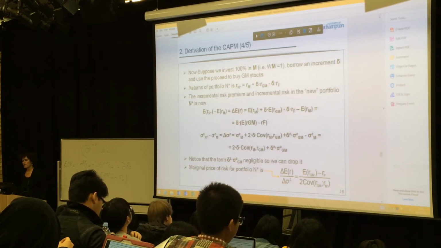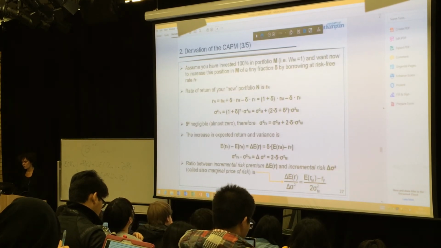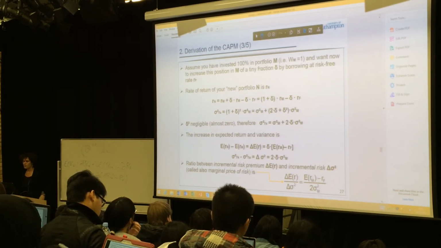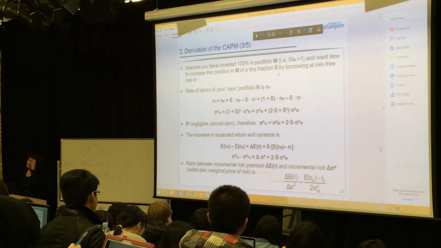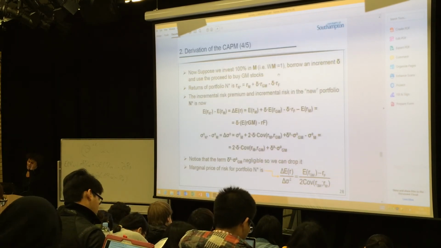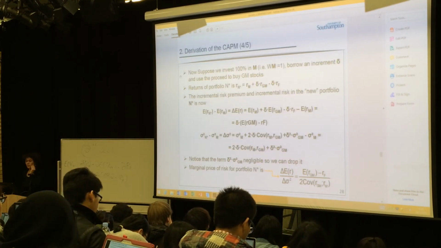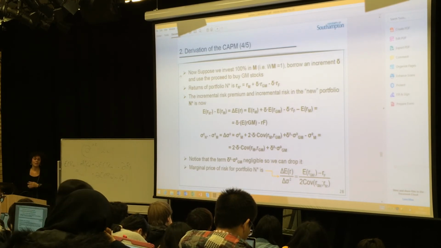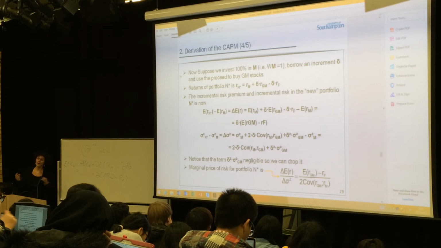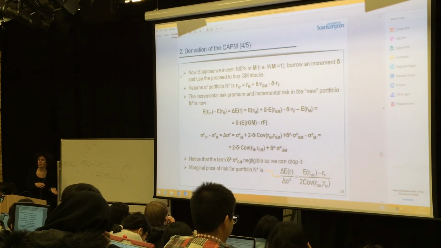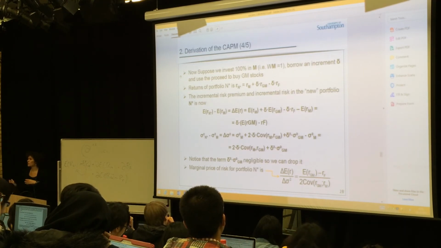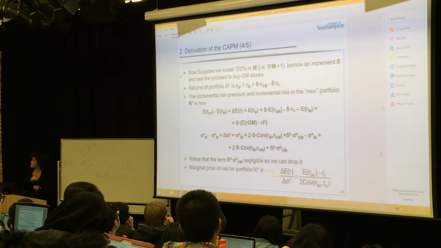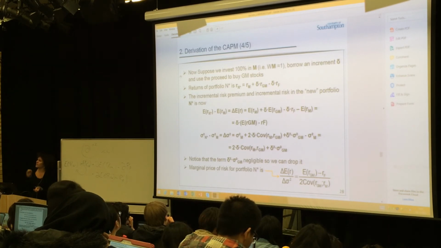So now, let's say we borrow the money to put more quantity on M. What we do now is try to understand what is going to happen if I borrow the money and invest not anymore in M, but in a single stock.